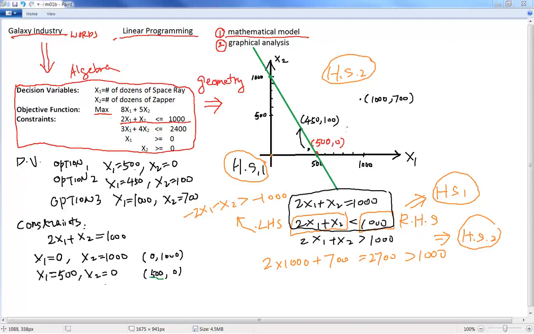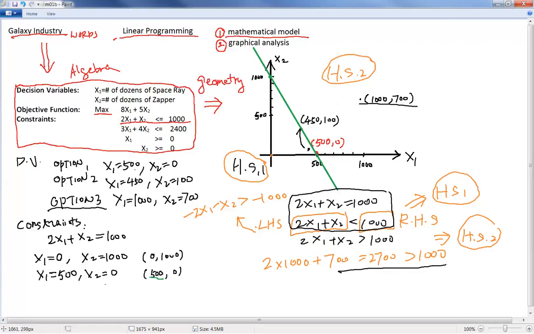So now let's think about whether the option 3 we proposed earlier is a feasible production plan. Here again, 1,700 means we are trying to produce 1,000 dozens of space rays and 700 dozens of zappers. And again here, the plastic required to produce that many dozens will be way more than 1,000.